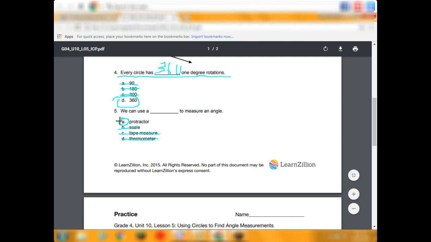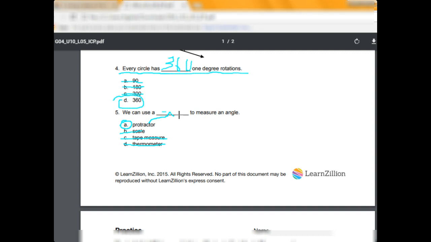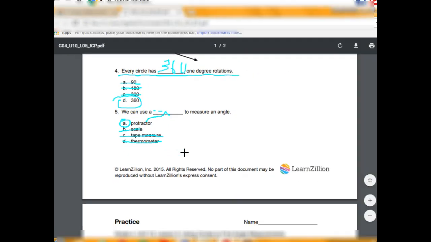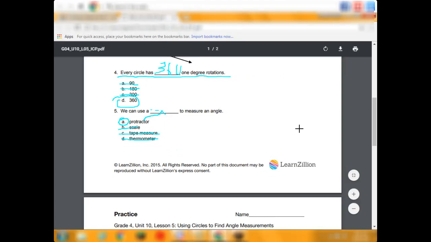And this is not a trick question, so we know that it's a protractor. So we shall move down.